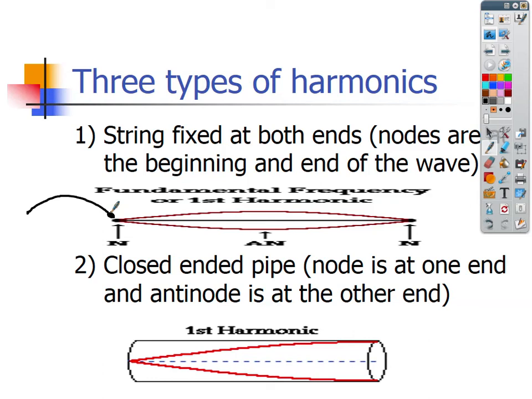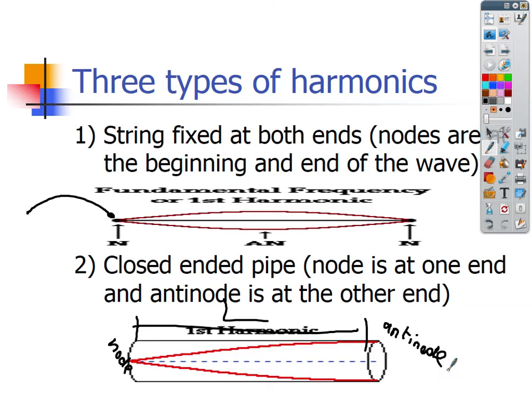Depending on the length of this tube, of the pipe, of the string, L, length, it will fit certain harmonic frequencies. But you can see on this one, because I'm closed at one end, it has to have a node at one end, and at the other side it has to end with an antinode. If the wave can't fit that way, it's not going to be a harmonic frequency.